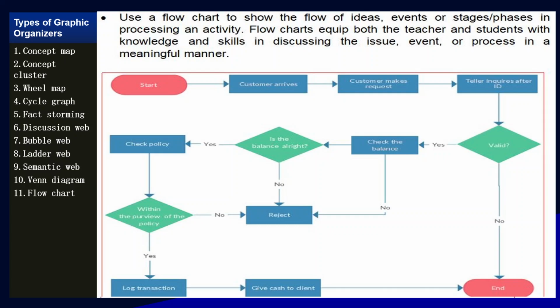You cannot go directly to the end; you need to allow a great flow of conveying your ideas. Like start, customer arrives, customer makes requests, seller inquires after its validity, and so on. That's a great example of a flow chart.